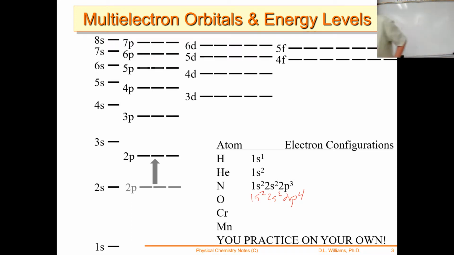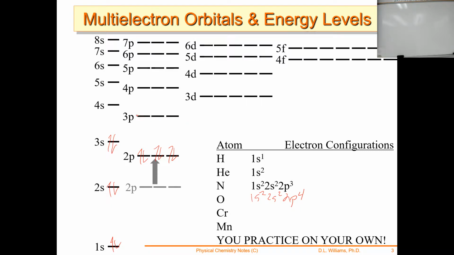Let me go ahead and fill in these electrons for chromium. So we're going to use this chart. We're going to say, all right, there's 2 electrons in the 1s, 2 in 2s. Fill up the 2p, 3s, so that gets us to sodium and magnesium.